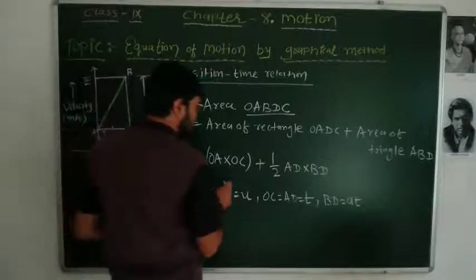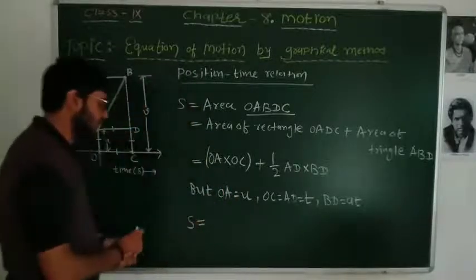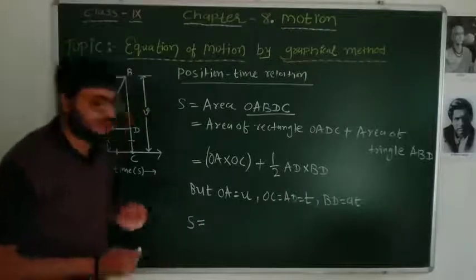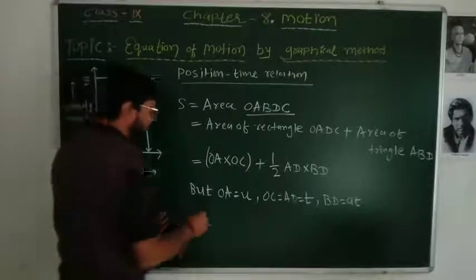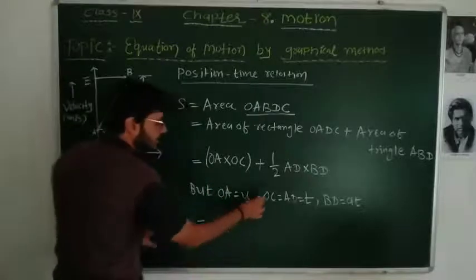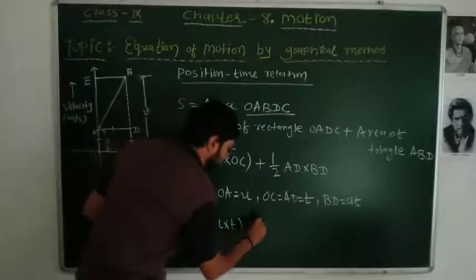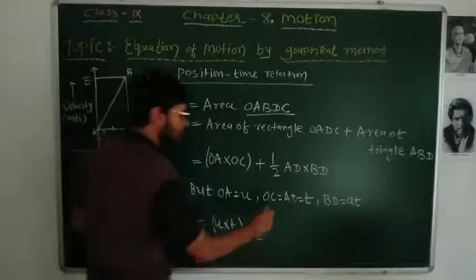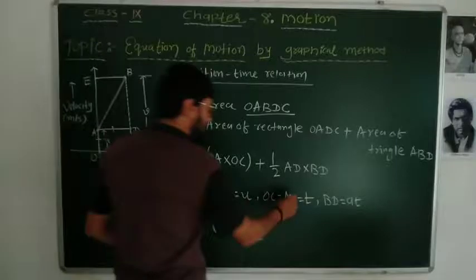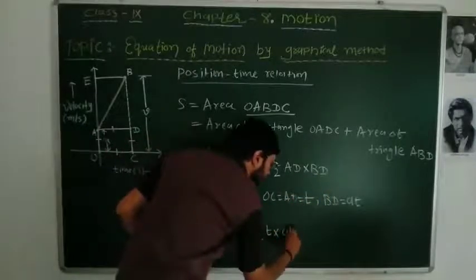So we put all these values in this equation, and we get the second equation of motion for displacement, distance. OA is U, OC is equal to T, and half AD, that is T, cross BD is AT.